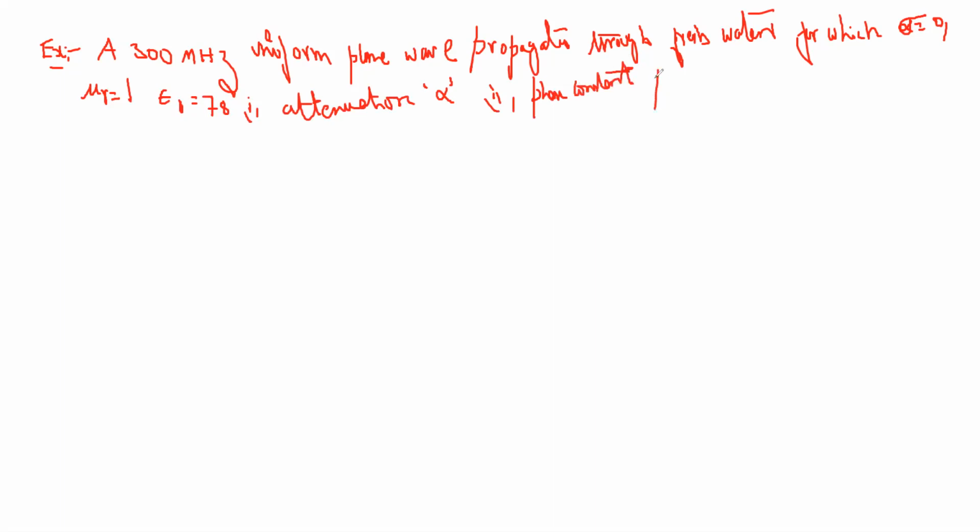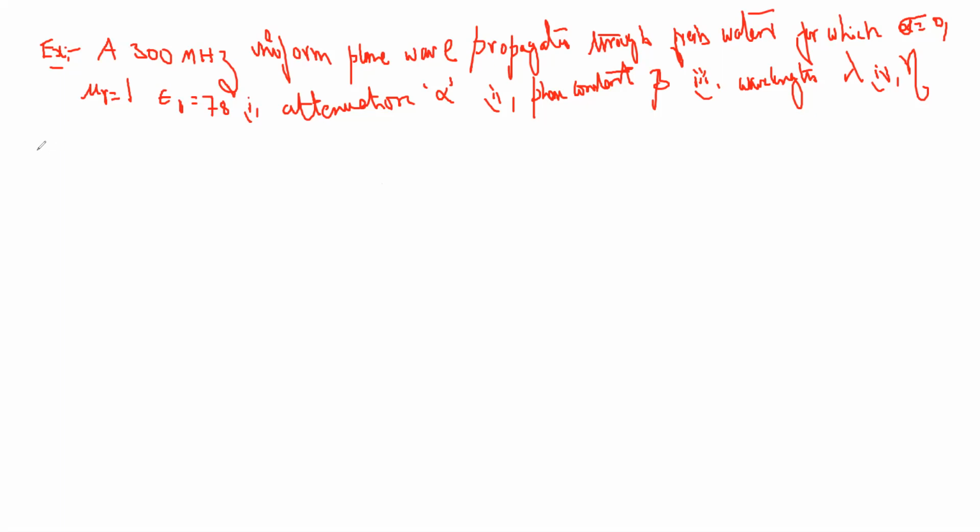Third, the wavelength lambda. And fourth, the intrinsic impedance eta. So these are the four parameters you have to find out for the given problem. The frequency 300 megahertz uniform plane wave propagates through fresh water, for which the conductivity is 0, mu r is 1, and epsilon r is equal to 78.